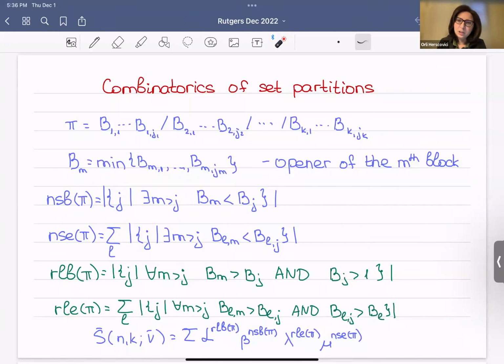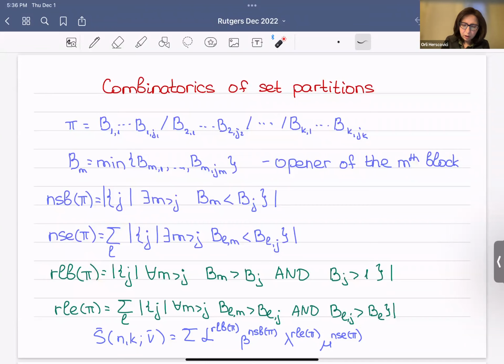Very similar to the statistic right-to-left minimum, but if you consider a permutation, you will agree that element 1, the minimal element of the permutation, will always be a right-to-left minimum. So we will not consider it in the statistic RLB.